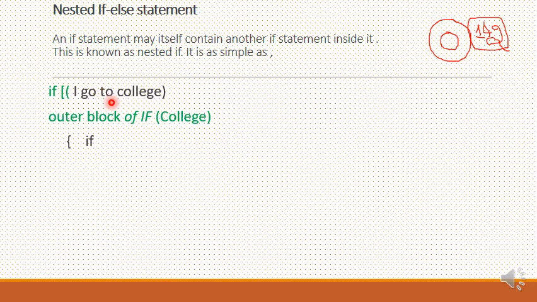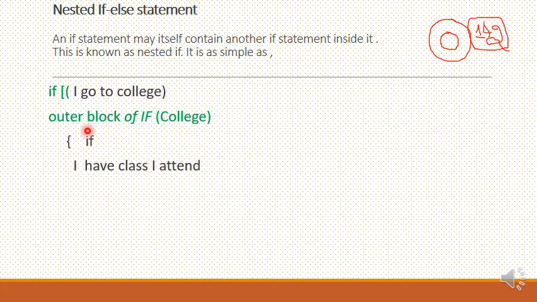So the first condition is: if I go to college. The next condition is: if I have the class. If both conditions are true, then you are going to attend the class. If I go to college and if I am having the class, then you attend the class.